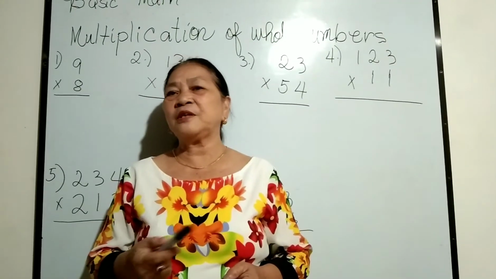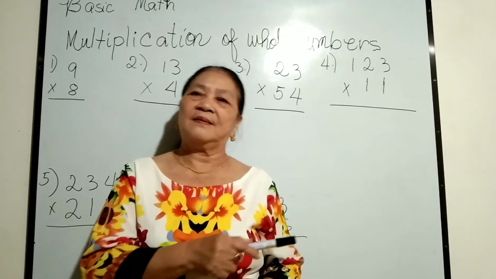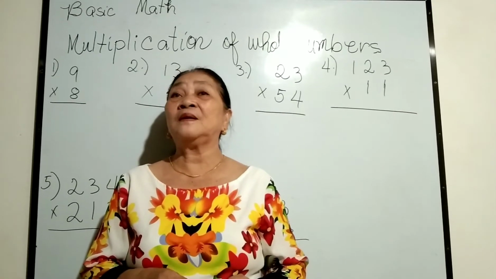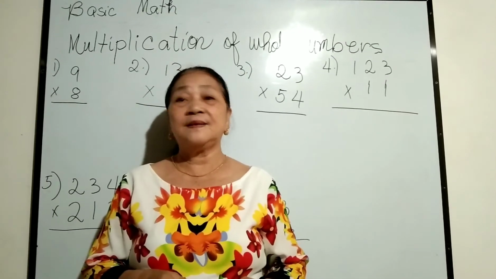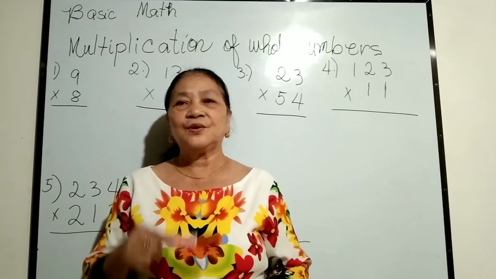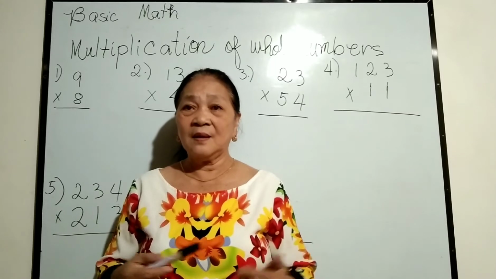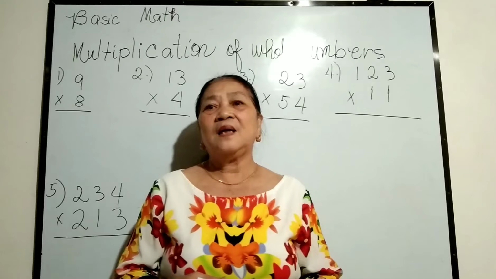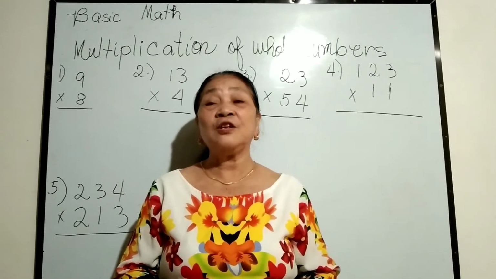And any number multiplied by 1, the number that you paired with 1 is the answer. Example, 9 times 1 is 9. And 0 times 9 equals 0. So these are only some reminders, as many are confused on what to answer. Now, it's good that you have memorized the multiplication table.